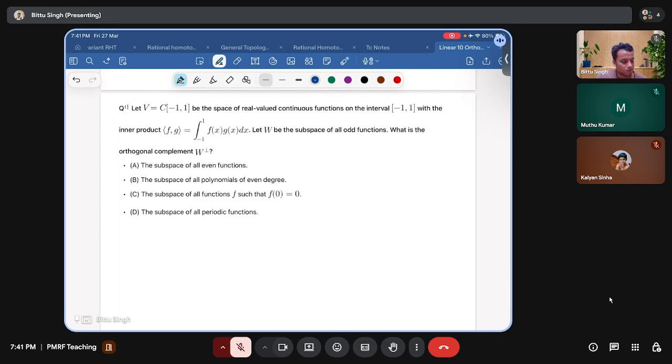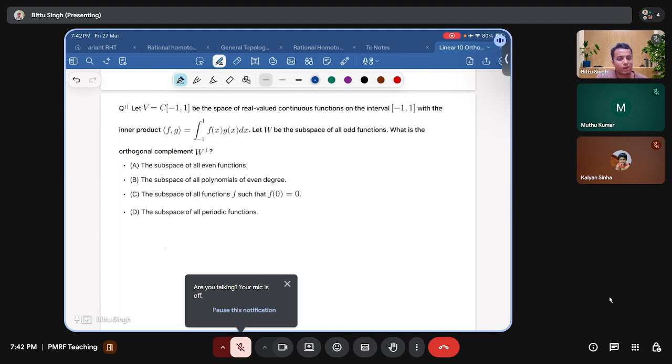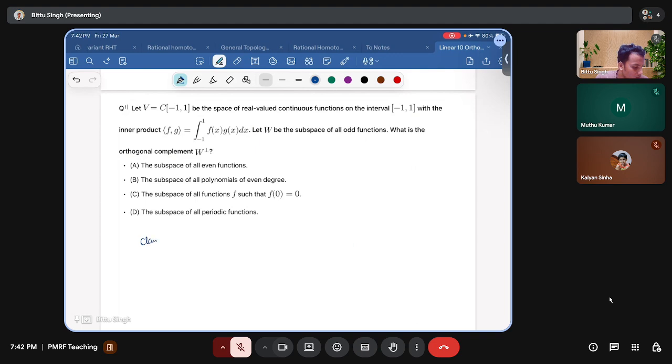Let us see how we can prove it. First we need to see that all even functions are orthogonal to all odd functions. So the first claim is that all even functions form a subspace of W perp.